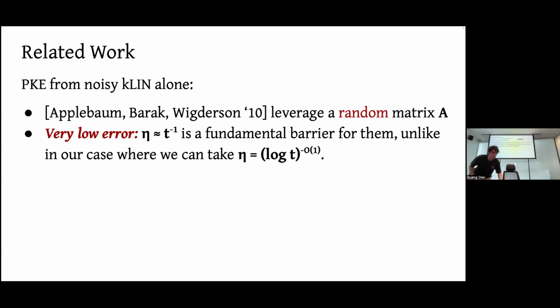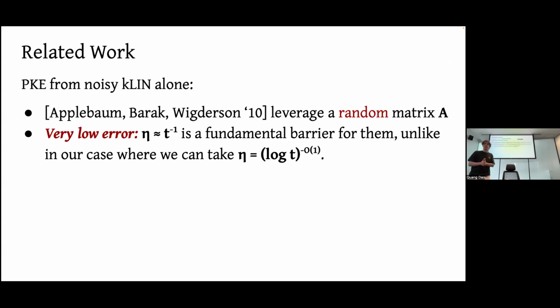Okay, I'll give a quick discussion of related work. We do have public key encryption from just the noisy k-LIN assumption alone, thanks to a work of Applebaum, Barak, and Wigderson. They are able to leverage a totally random matrix A. However, they need very low error. In particular, the error rate is going to be an inverse polynomial, and it will actually exactly balance out with this expansion parameter.